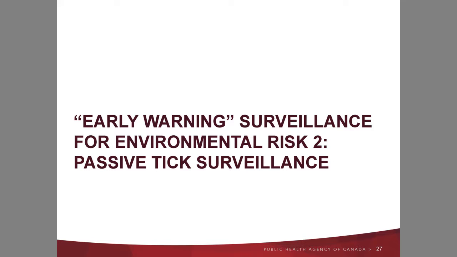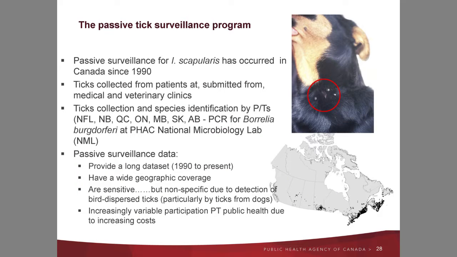We also have a passive tick surveillance system, which has been going for quite a long time. It involves ticks collected from patients at medical and veterinary clinics, and it has provided a long data set with good geographic coverage. But there are problems with specificity, because dogs in particular pick up adventitious ticks that are dispersed by migratory birds.